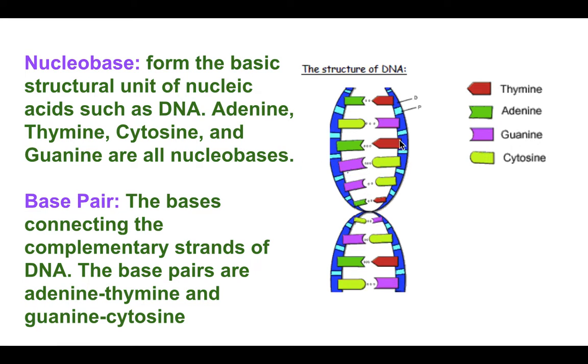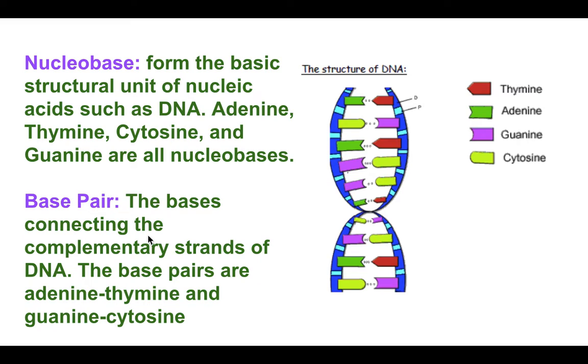You'll notice those are the only four types here in the center. And notice that the red thymine pairs with the adenine, so they fit together. And same with guanine and cytosine. Those are the only ones that pair together. You will not see guanine and adenine paired together or cytosine and thymine.